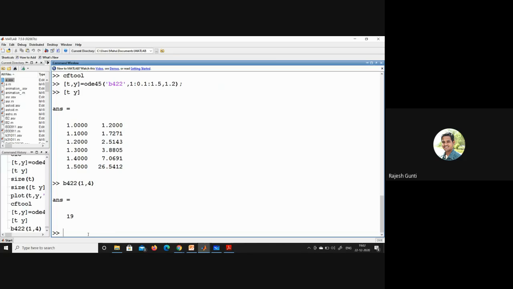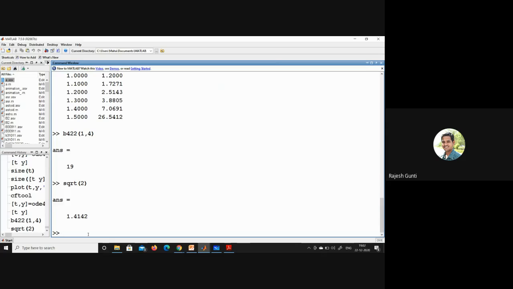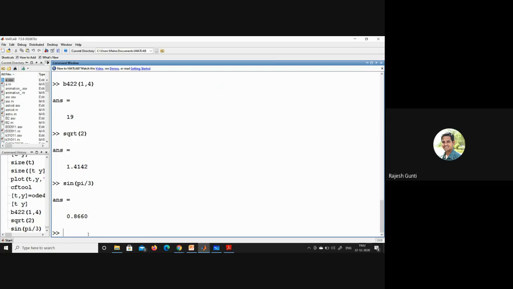Am I correct or not? If you give sqrt of 3, sqrt of 2, the answer is coming. There is an inbuilt program to find the square root. There is a program for sin pi by 3, and the input given is pi by 3. There is an M-file in MATLAB to calculate sine values.